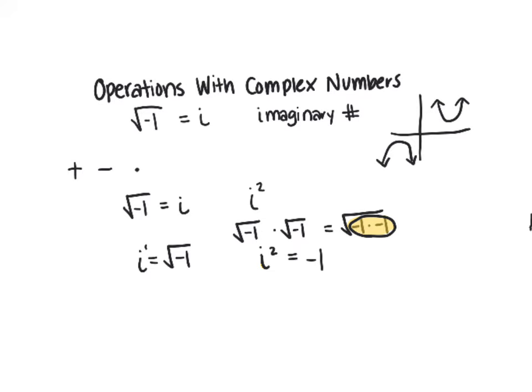So let's look at some examples. Whenever we're writing an operation with an i in it, it needs to be in this form. It needs to be an a plus bi term, where a is the real number and b is the number with i.